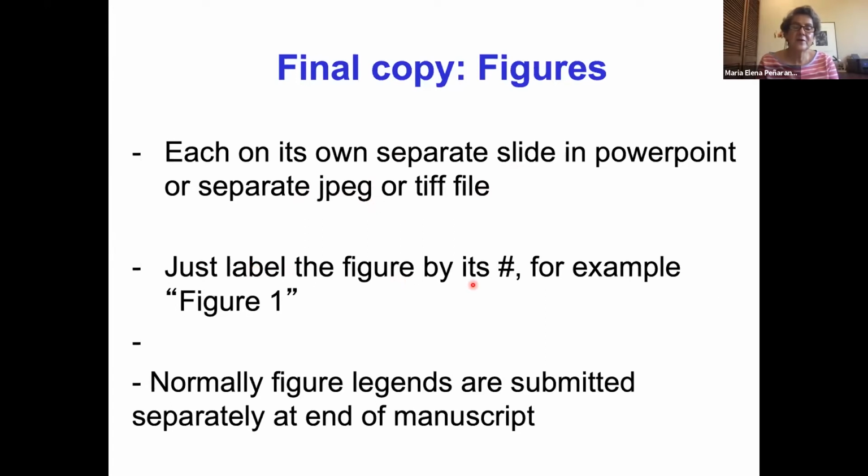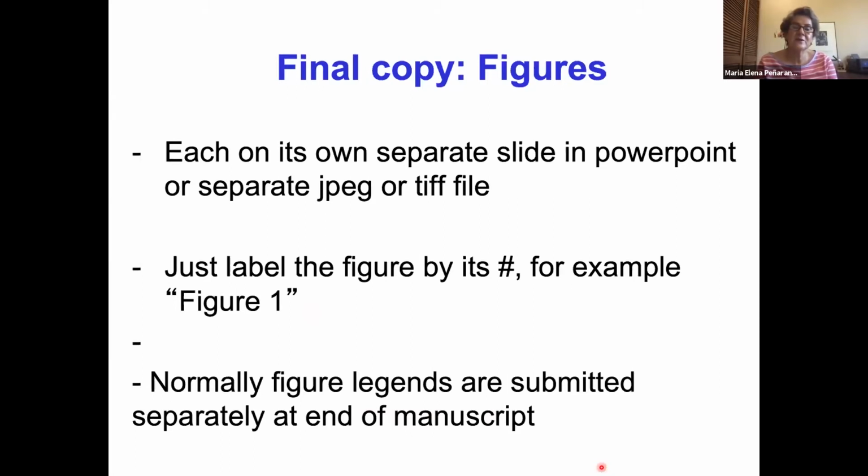Just label each figure, for example, figure 1. The legends go separate because the figures get processed separately from the text. So each figure goes on a separate page by itself, but you have to say figure 1, figure 2. And normally figure legends are submitted separately at the end of the manuscript.